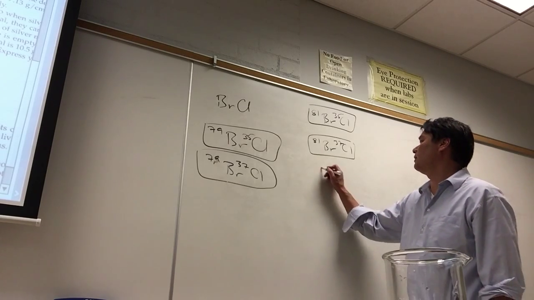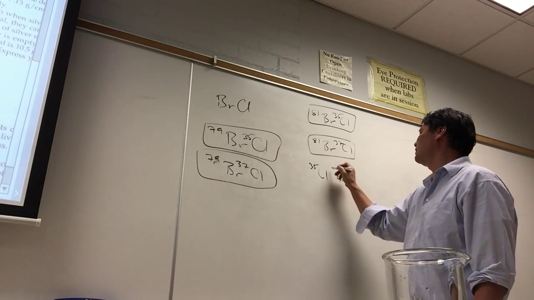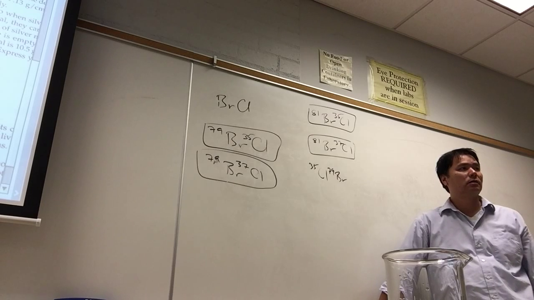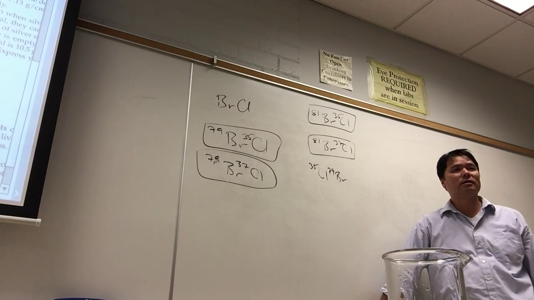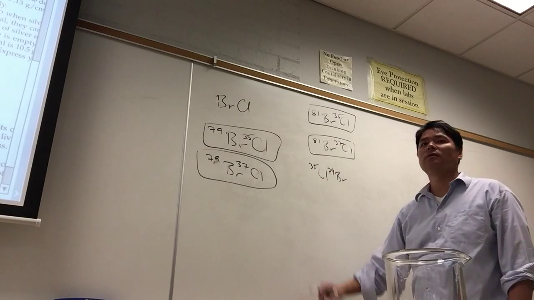How about this? What if I do chlorine 35, bromine 79? How about that? Is that different? Or is that redundant? Is it double counting?